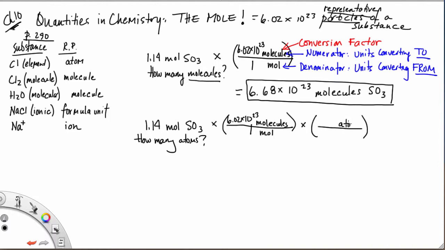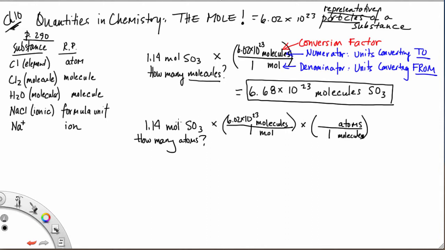So atoms will go on the top of our next conversion factor because that's what we want as our answer. Remember, it goes in the numerator. And we want molecules to cancel out, so molecules goes in the denominator. All right, and actually it's better here if I write atoms, 1 molecule here. How many atoms are in a molecule?